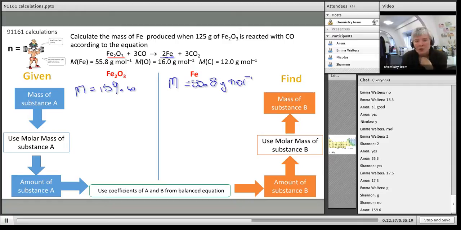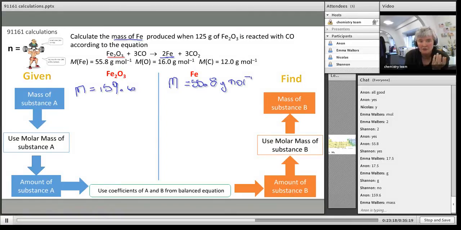Okay, so what else do we know about Fe2O3? So look at this over here. This calculate the mass of Fe is not Fe2O3, but we do have the mass, correct, of Fe2O3.